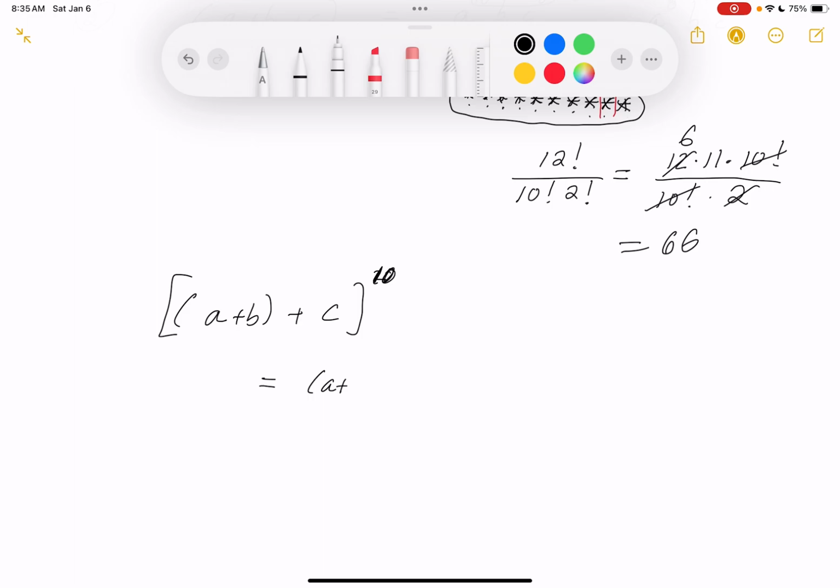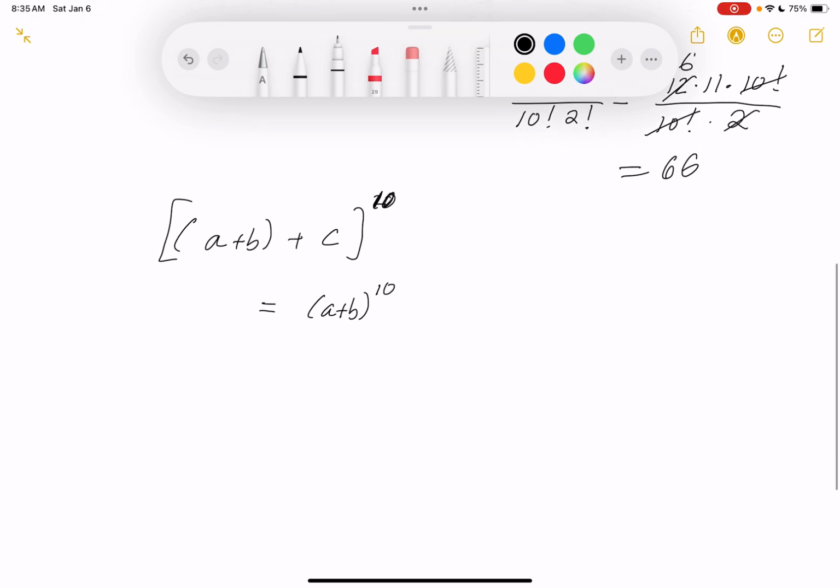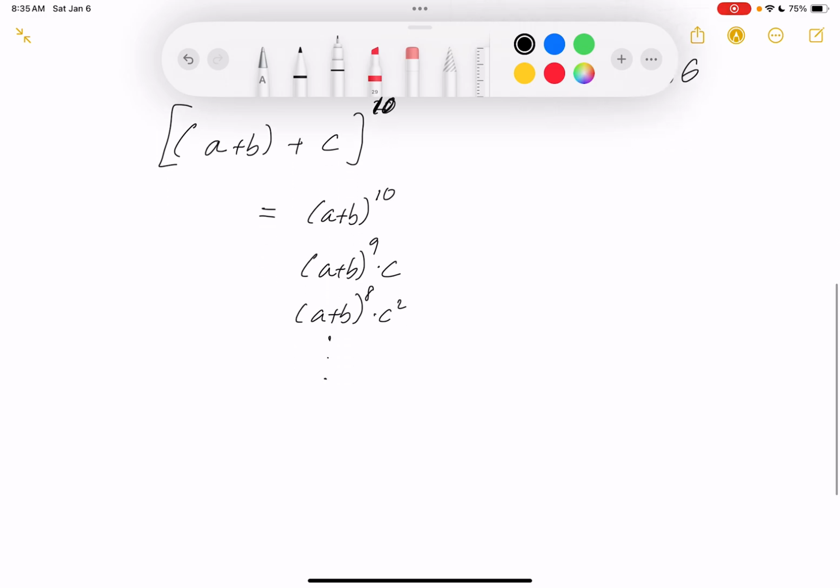You can get A plus B to the 10th power, no C's. I'm not worried about the coefficients, by the way. What's the next one going to be? A plus B to the 9th power times C. What's the next one? A plus B to the 8th power times C squared. And you get yada, yada, yada. At the end, you get A plus B to the 0 power times C to the 10.